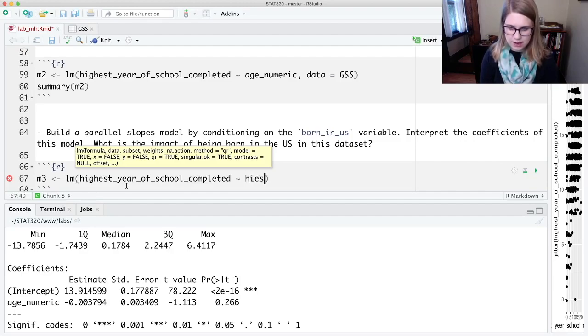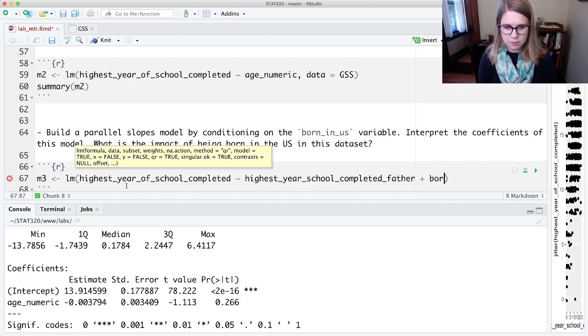Let's use highest year school completed father plus born in US. Data is GSS.